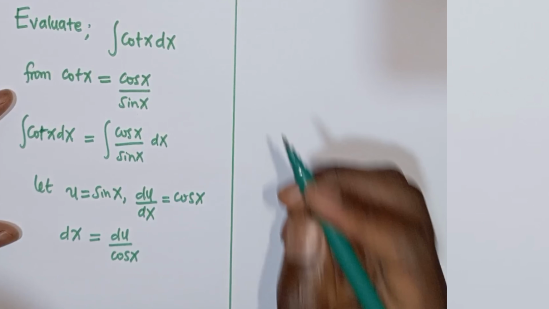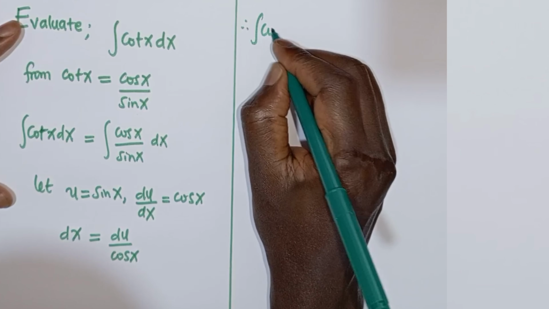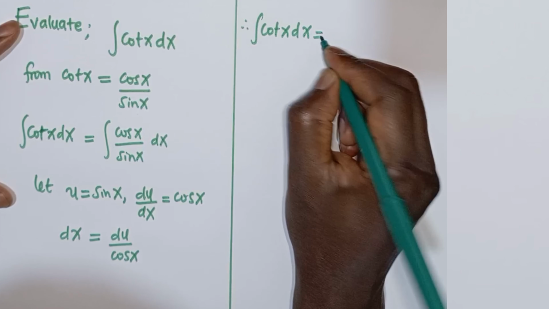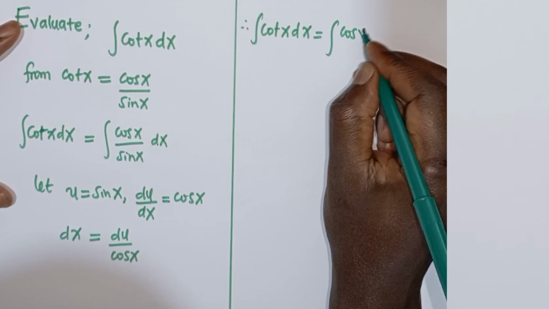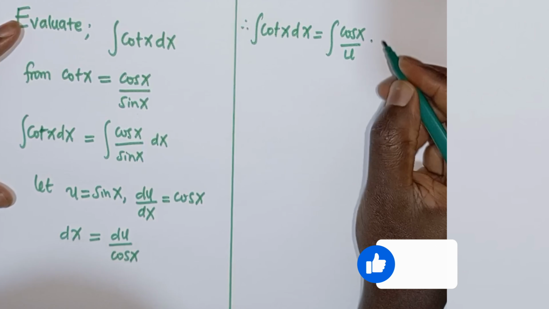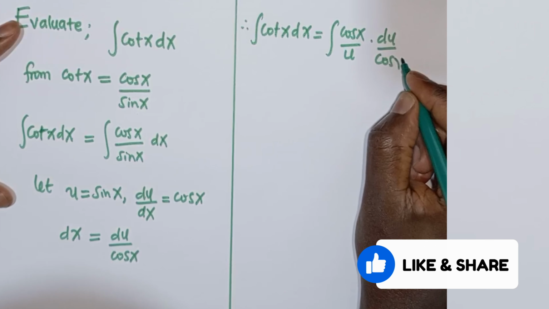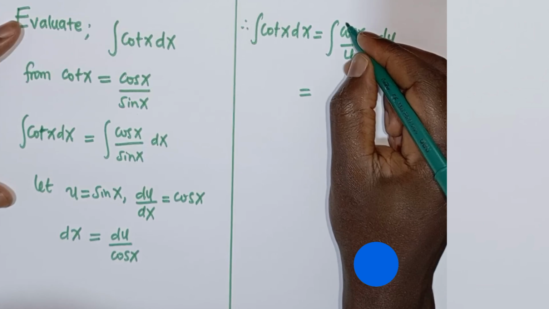So when we substitute it back, our integral of cot x dx will equal the integral of cos x out of u times du out of cos x. So we can cancel cos x.